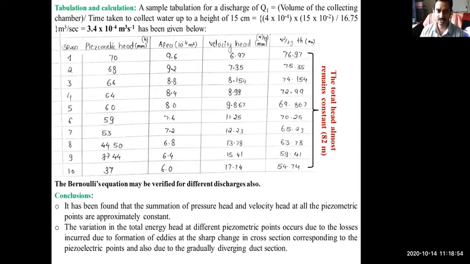Because you're using a gradually diverging duct section, that may lead to some eddies formation, and also when the water enters the piezometers, there is a sharp change in cross section that also leads to some losses. So because of these losses, there will be certain variations in the total head at the different piezometric points, indicating the losses.